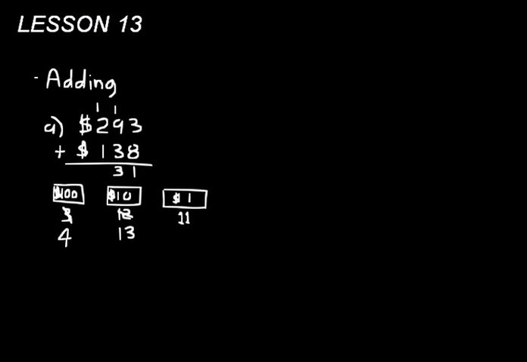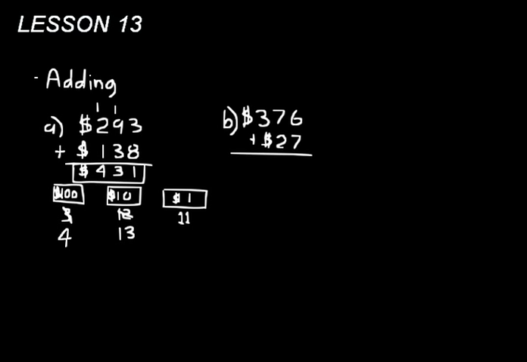And so then we're finished. $431, that would be our answer there when we add $293 and $138. So anytime we get greater than or equal to $100, adding up our $10 bills, we just move that $100 bill over to the hundreds column.